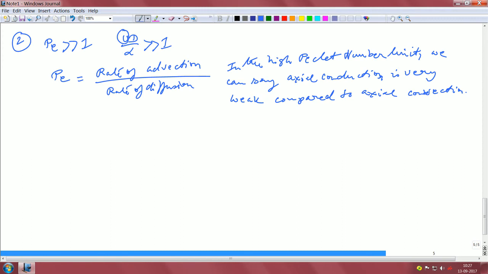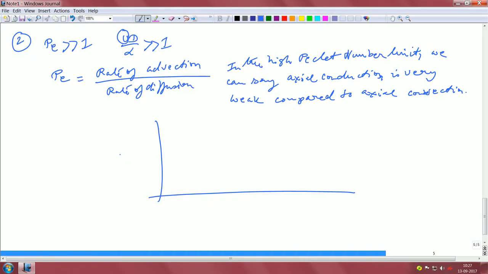But the most important finding was that based on these two limits, your Nusselt number becomes a constant. If you have to draw this heuristically, if you look at this particular plot, this is Nusselt number, and this is x, the distance from the inlet of the pipe.